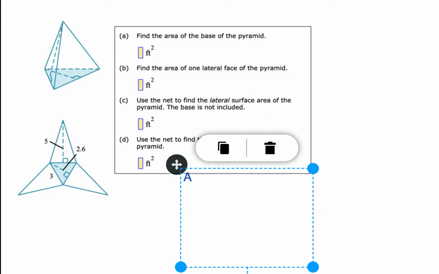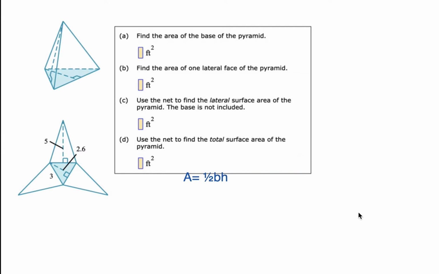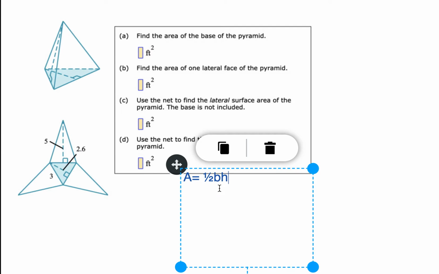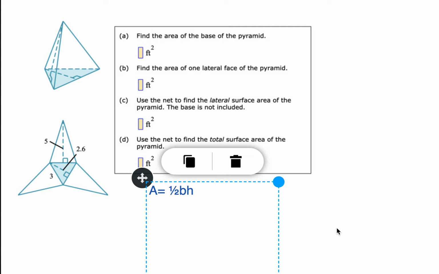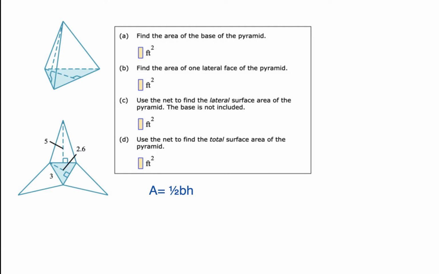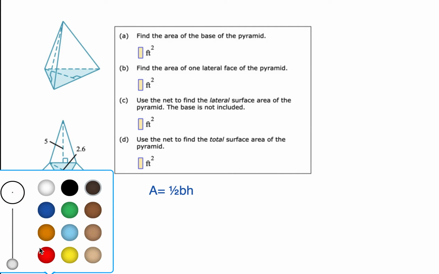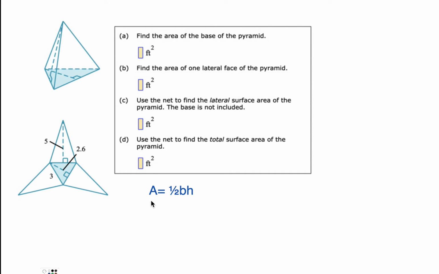So area equals a half, base times the height. Actually, I'm going to move this down just a smidgy. And then I'm going to use my drawing tool here. I'm going to go ahead and figure out what the actual area is.